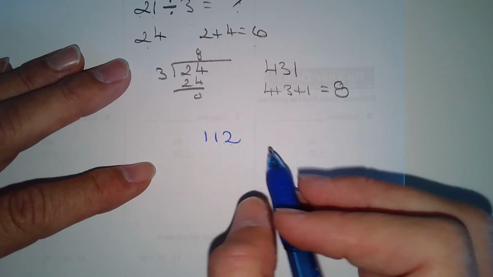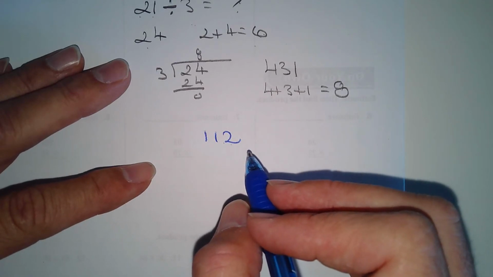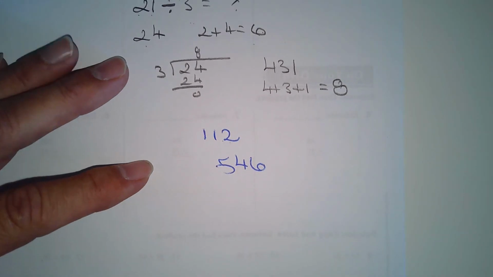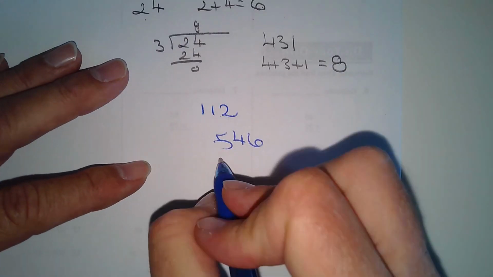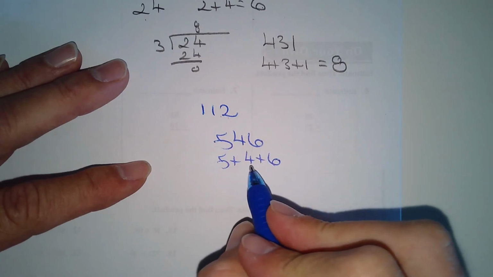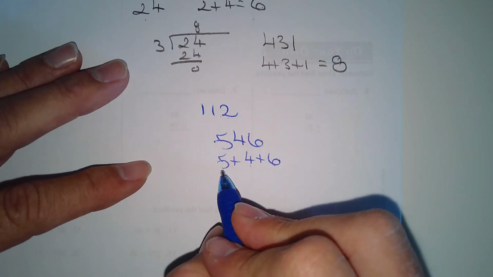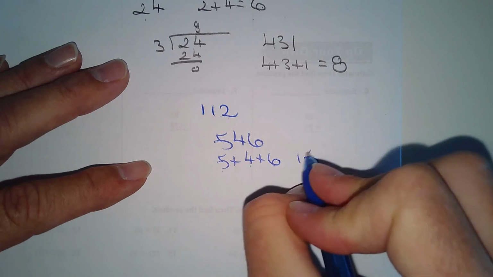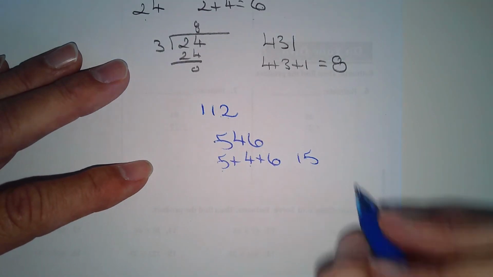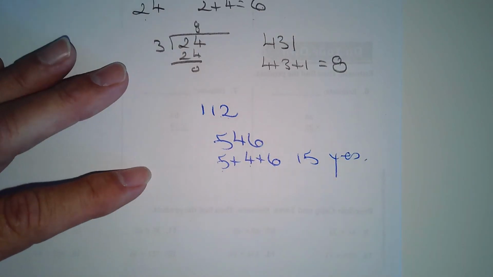No. Okay. How about 546? What are we adding? It's 5 plus 4 plus 6. 4 and 6 is 10, plus 5 is 15. Is 15 divisible by 3? Yep. So the answer to that one is yes.